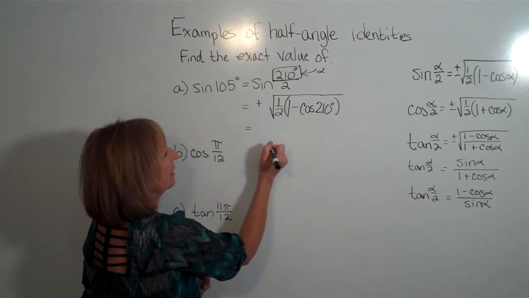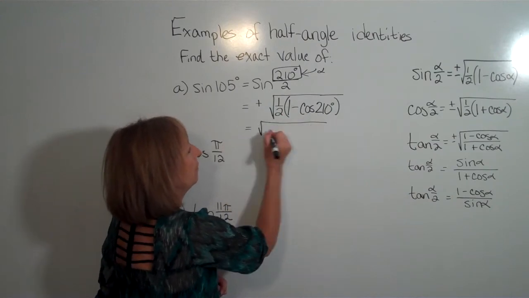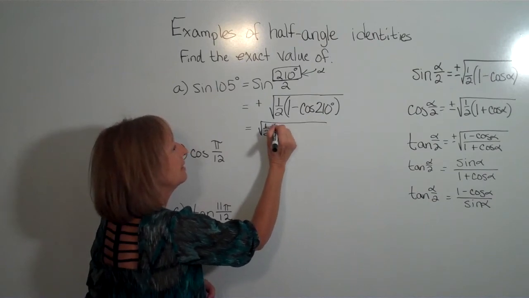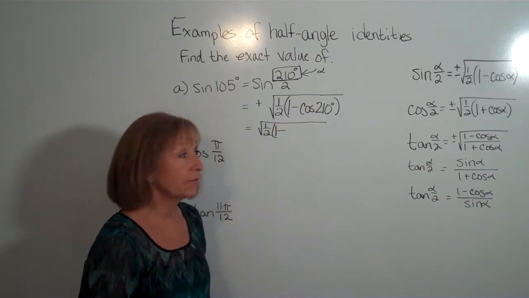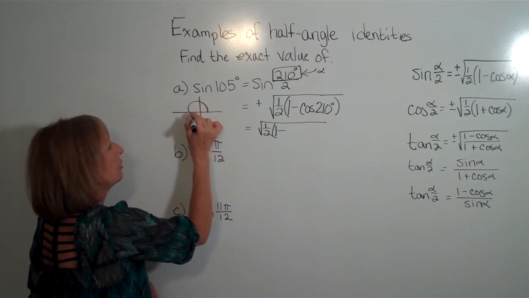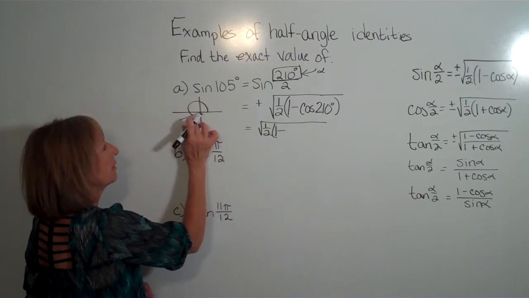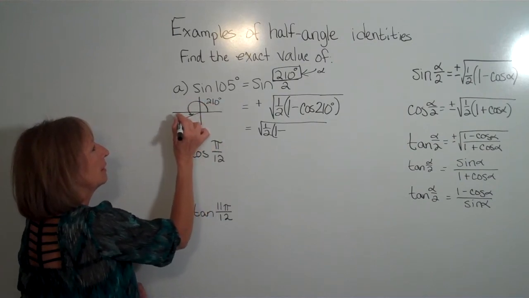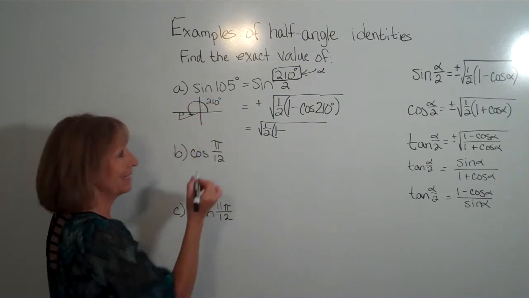And now coming to the next line, it's the square root of 1/2 times 1 minus, now the cosine of 210 degrees. So think 210 degrees, go to the nearest x-axis.